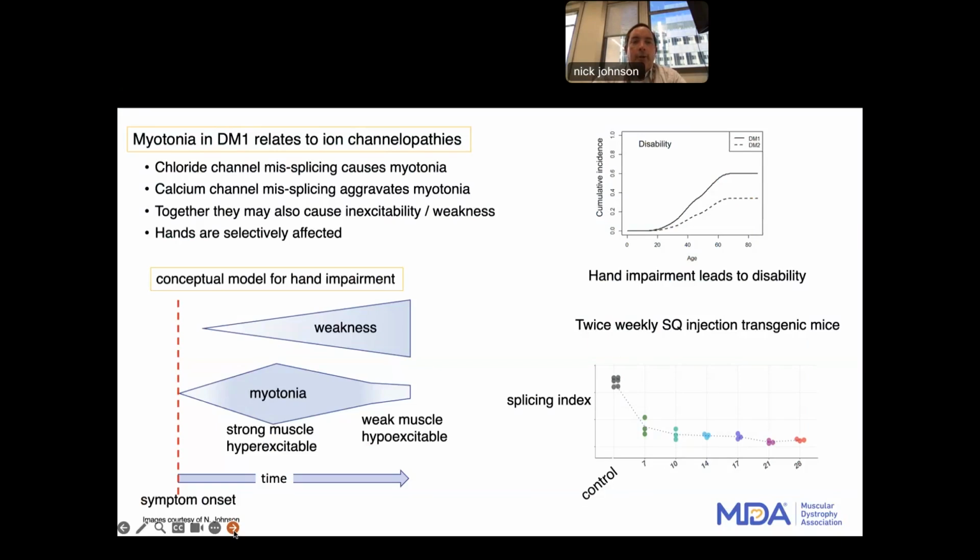We know the chloride channel causes a missplicing, which can cause myotonia. We also know that the calcium channel can be misspliced, and work by John Luke at the University of Rochester has shown that that can actually aggravate the myotonia. And that combination can lead to both the myotonia, but also the progressive inexcitability and weakness.